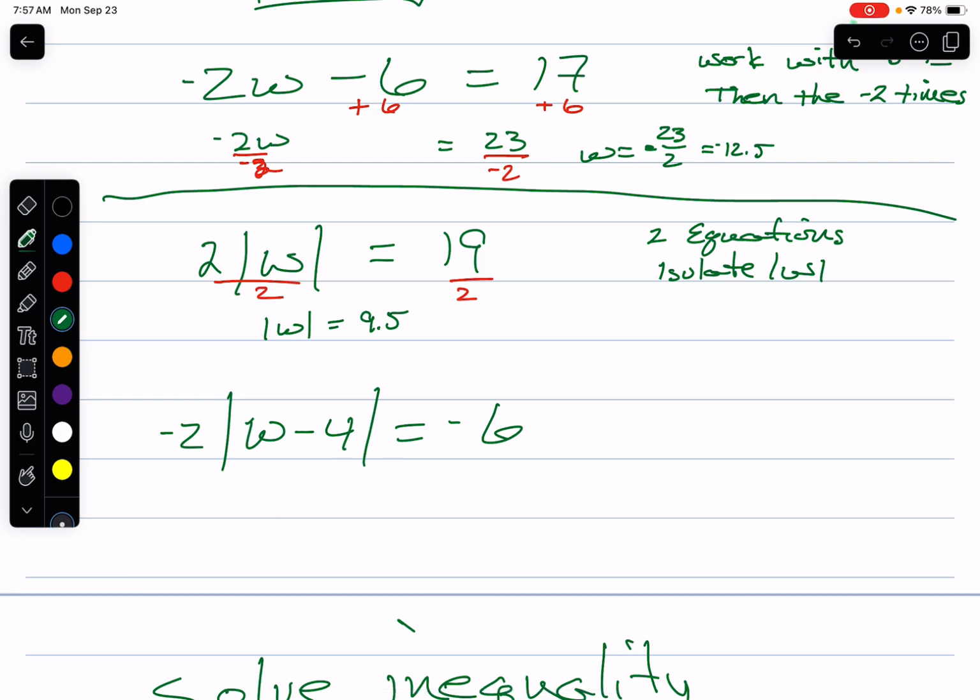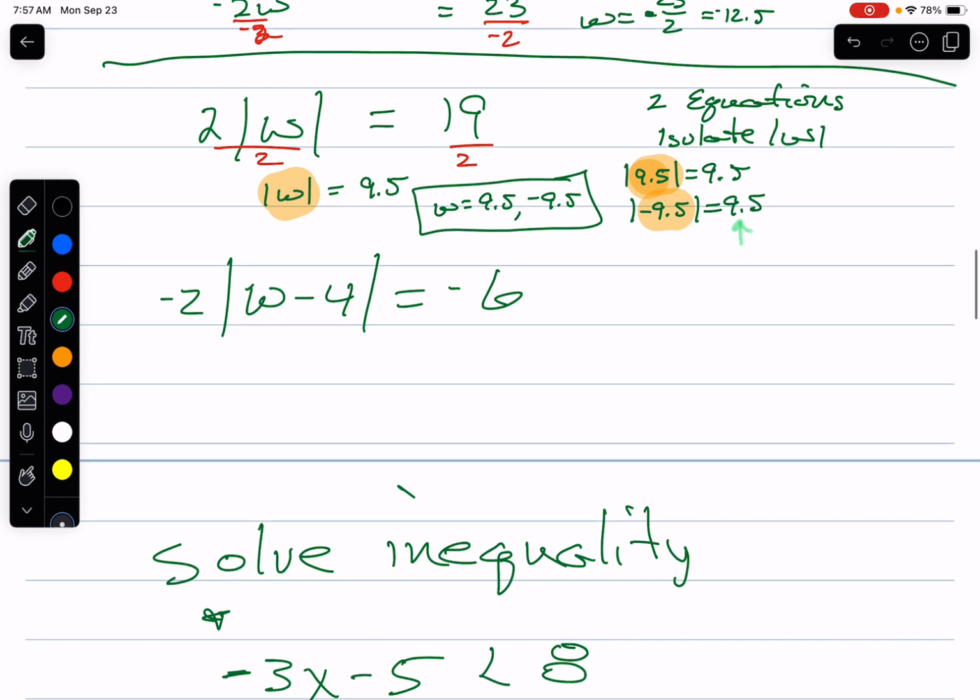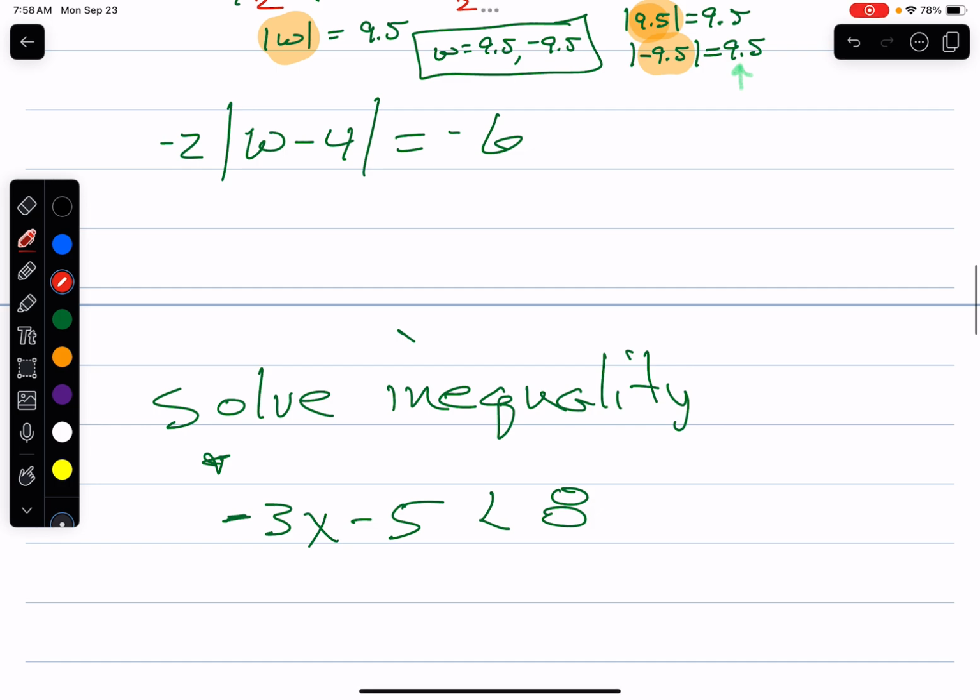Okay, and then remember, the absolute value of 9.5 equals 9.5, and the absolute value of negative 9.5 equals 9.5. So that means that this thing here, inside the absolute value, could be 9.5 or negative 9.5, and we still get 9.5 as an answer. Okay, so therefore w equals 9.5, negative 9.5. Again, we're going to divide by negative 2.